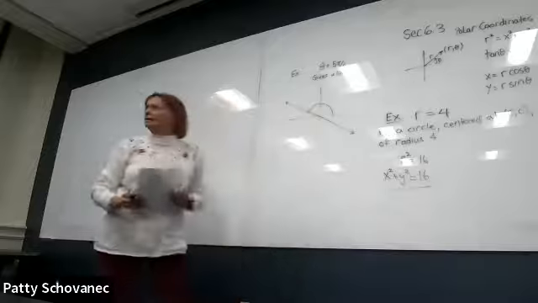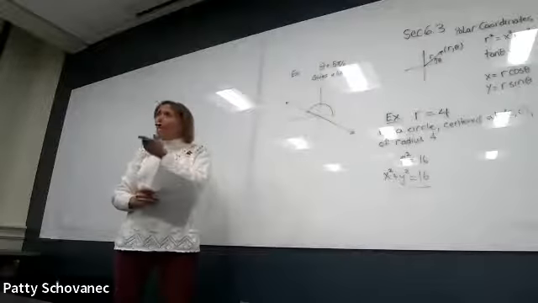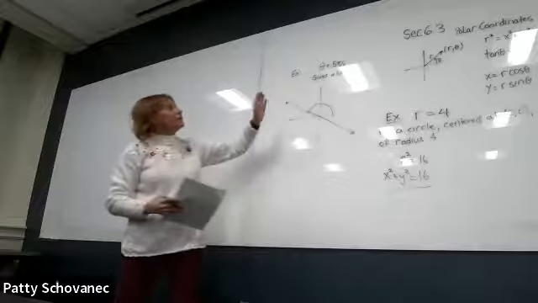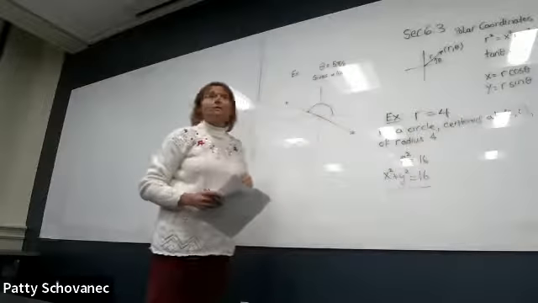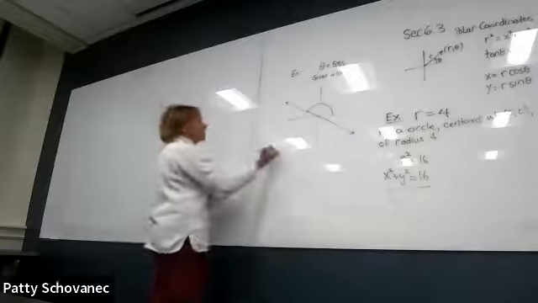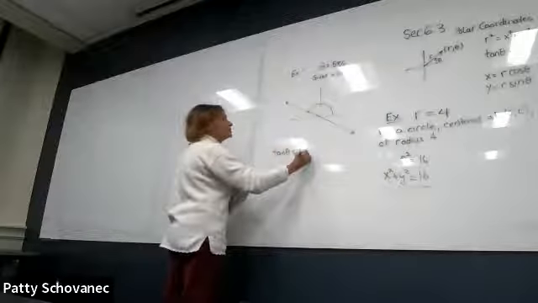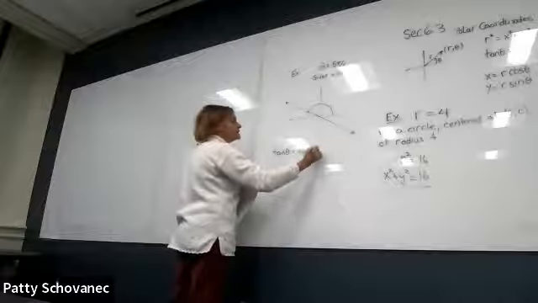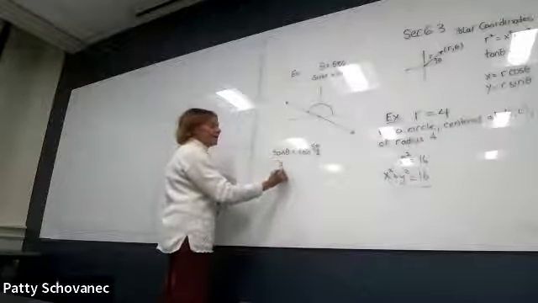There's that line. I can find the equation of that line in rectangular coordinates simply by taking the tangent of both sides. I get the tangent of theta is equal to the tangent of 5 pi over 6. But the tangent of theta is y divided by x.